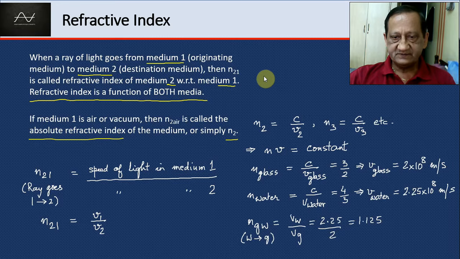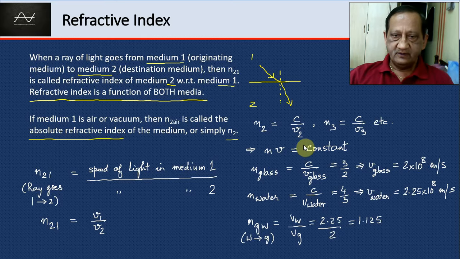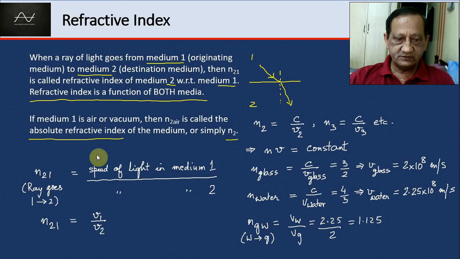So it's like this. We have a medium 1, we have a medium 2. A ray of light comes like this, and let us say medium 2 is denser, so it bends towards the normal. So N21 is when the ray goes from 1 to 2. That is important.